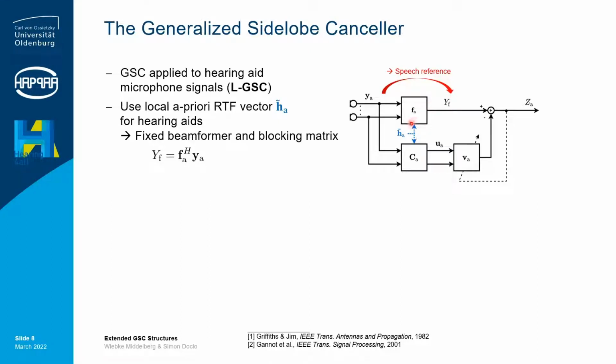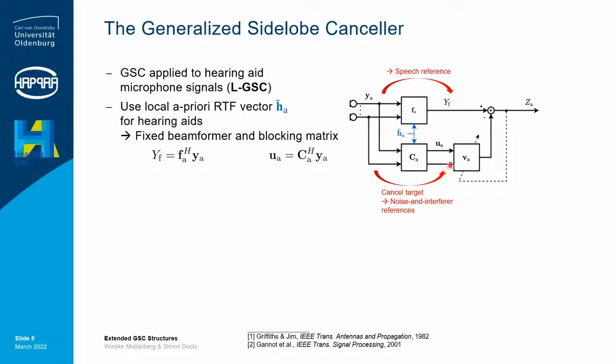And we also exploit the a priori RTF vector to create a blocking matrix, which aims at canceling the target speech components. That means it only leaves us with the signals UA, which ideally only contain noise and interferer. That's why we call them the noise and interferer references.